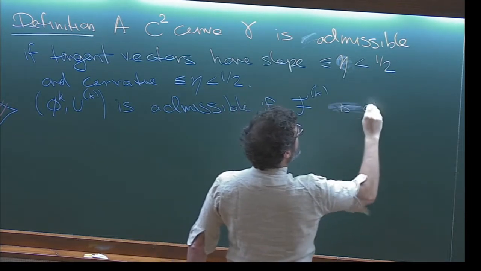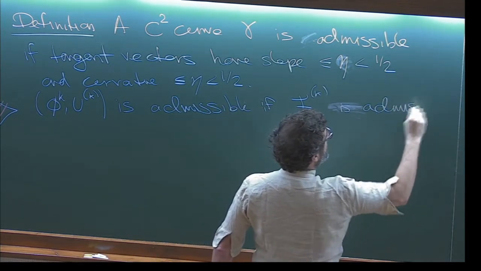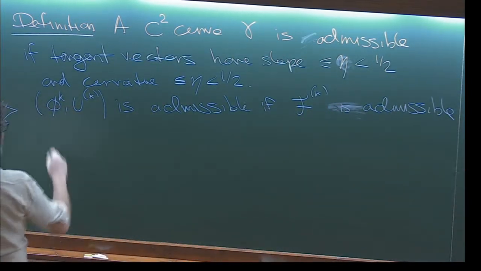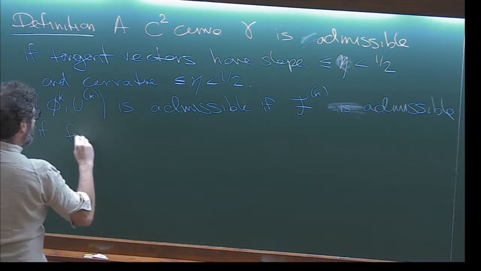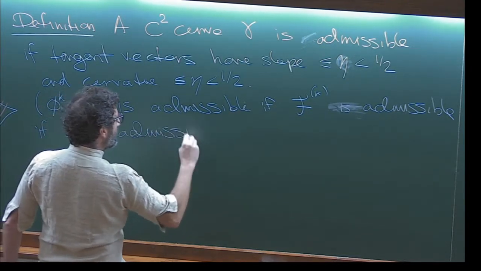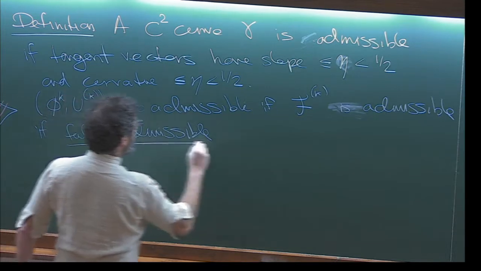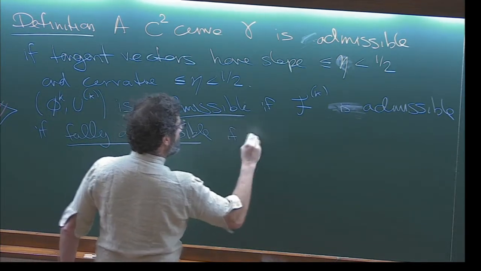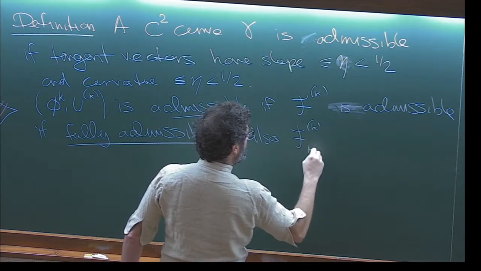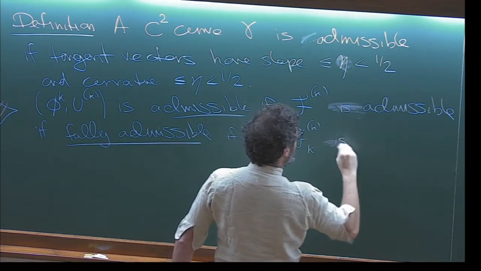So if this foliation is admissible, by which I mean the leaves are admissible, a little bit like this picture, and it is fully admissible if also the images are admissible.